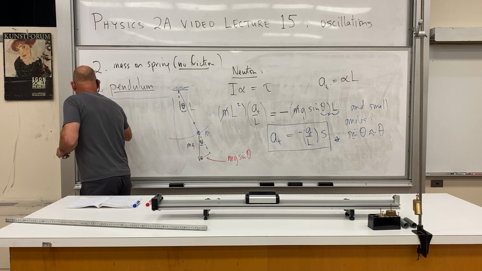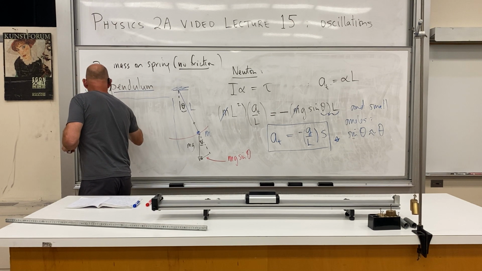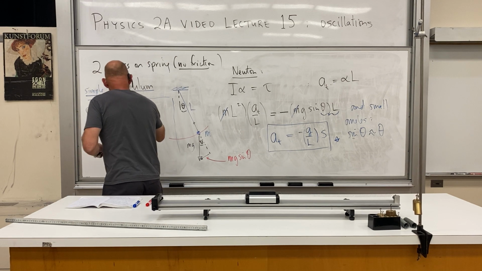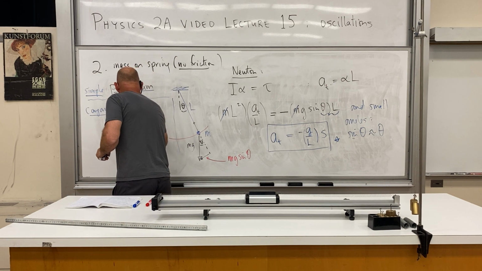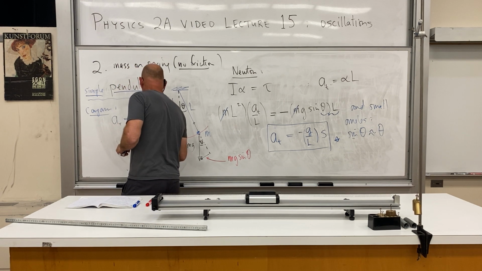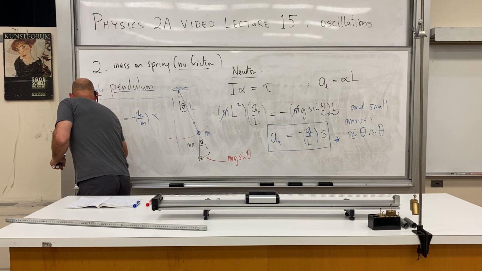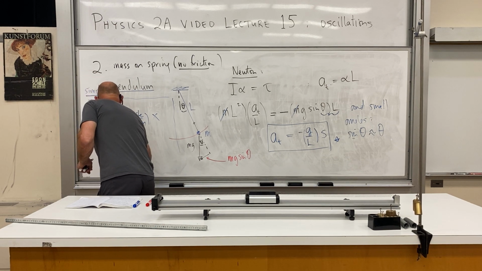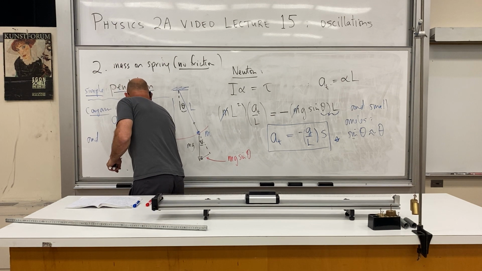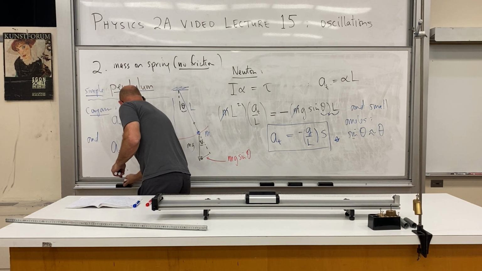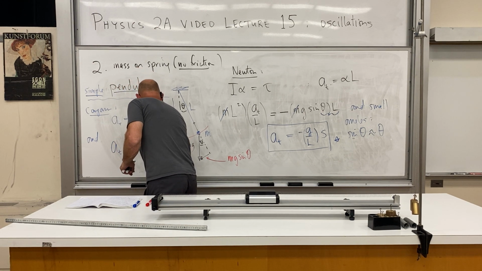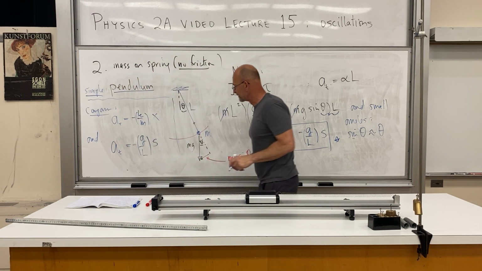Compare: we had A sub x equals minus k over m x. And now we have A sub tangential is equal to minus g over L times the arc length S.